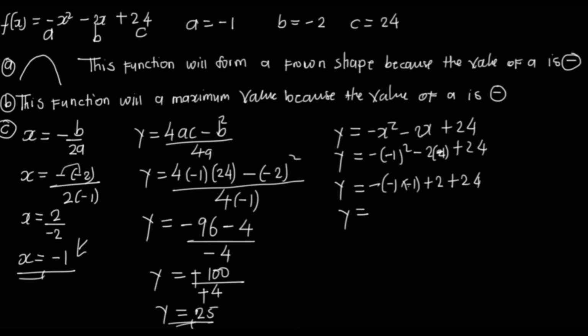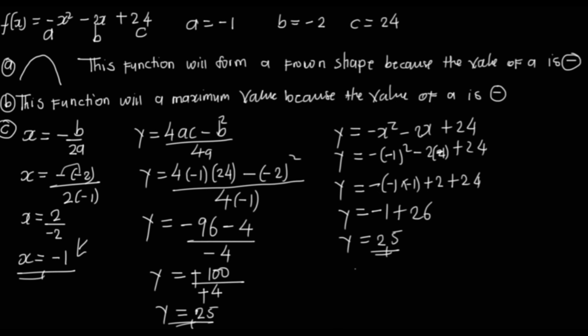Negative 1 times negative 1 is positive 1, times negative 1, that's still negative 1. 24 plus 2 is 26. Then we can subtract 26 minus 1, that is just 25. So we are able to get the 25.